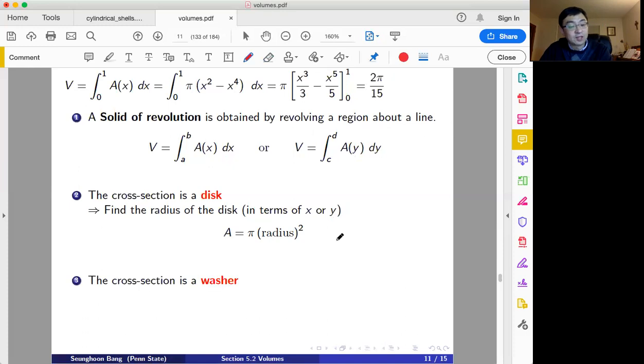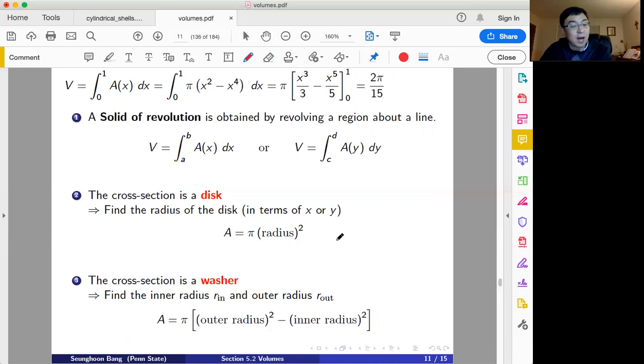The second one is when the cross section is a washer. For a washer, find the inner radius R in and outer radius R out. So what's the area? Pi times outer radius squared minus inner radius squared. This is exactly the area of the cross section.